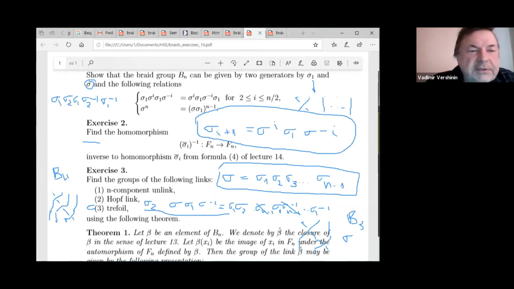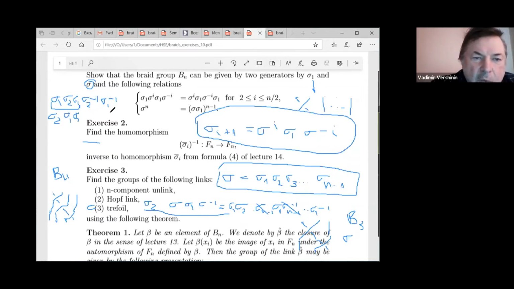Okay, so let us continue in our foreign language. So, yes, Tatiana, you are great. This example, why I gave this exercise? Because here you are using the braid relation. You have sigma 2, sigma 1, sigma 2, okay?